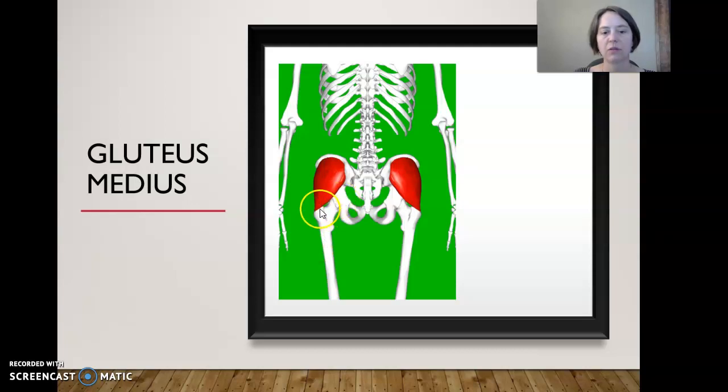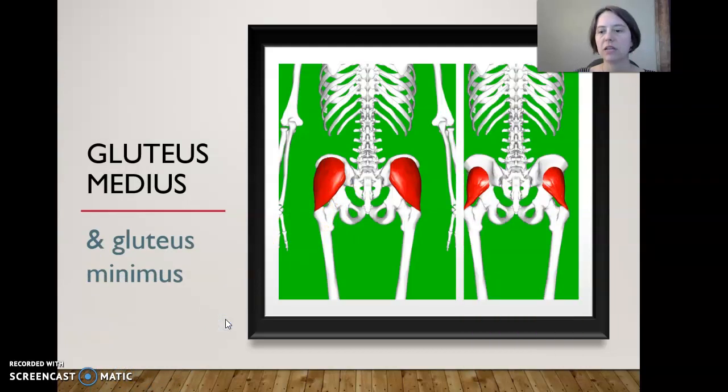So not the head of the femur, but the bump on the side. The gluteus maximus would be on top of the gluteus medius, and then the gluteus minimus is deep to both of them, and that is the smallest one, and it connects the hip to that femur, the greater trochanter, as well.